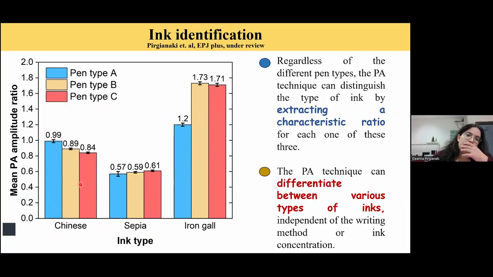Here, for example, we have the Chinese inks with a ratio of almost 0.89, the sepia inks with a ratio of almost 0.59, and iron gall ink with a ratio of 1.7. That means that regardless of the different pen types, the photoacoustic technique can distinguish the type of ink by extracting a characteristic ratio for each one of these three.